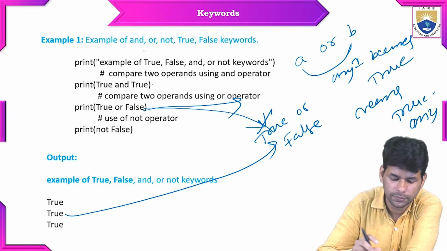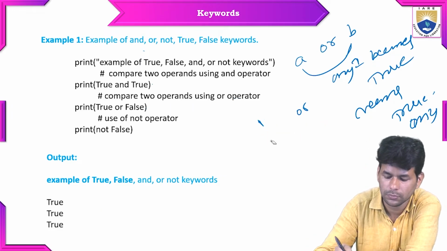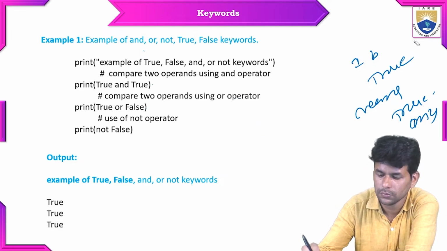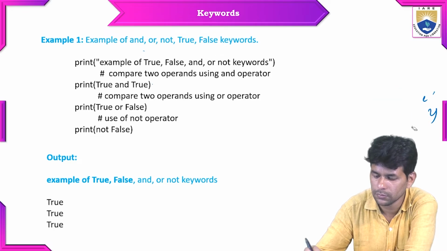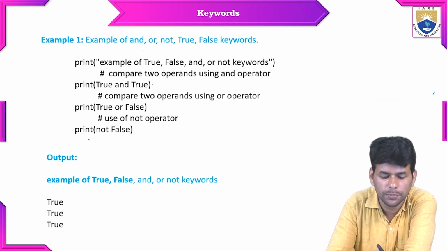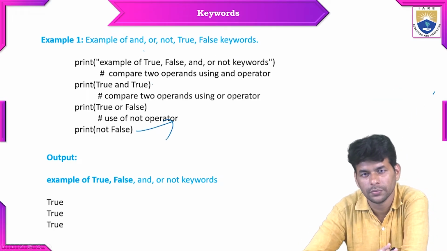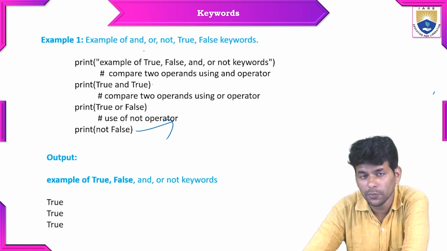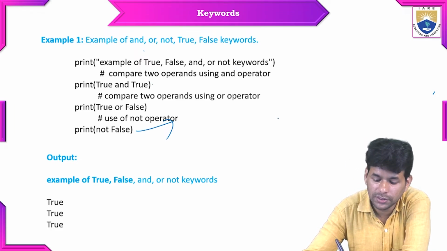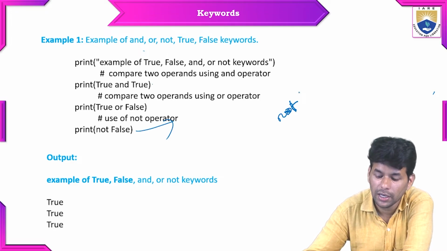The next one is print not false. What is the use of not? Not means incorrect. But here I did not false.